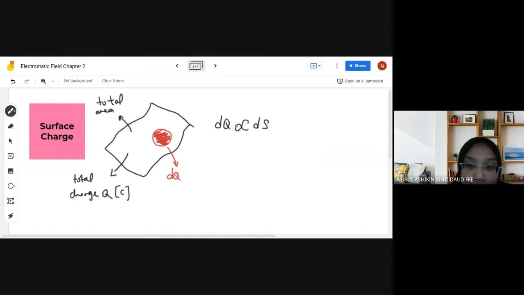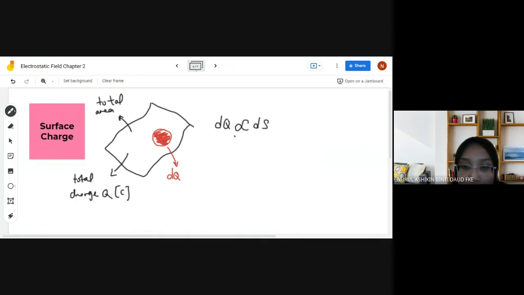So our total Q now depends on the size of the sample. The larger the size of the sample, the more total Q we will get. Now this is in a proportionality form.